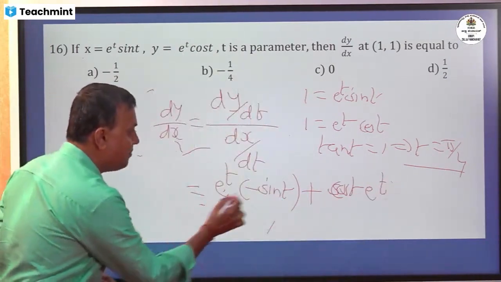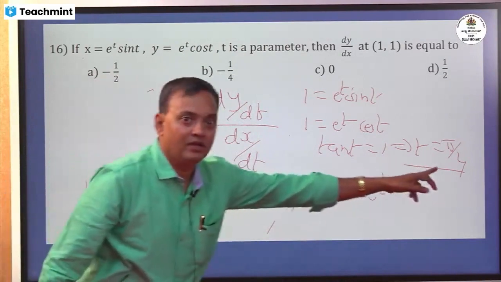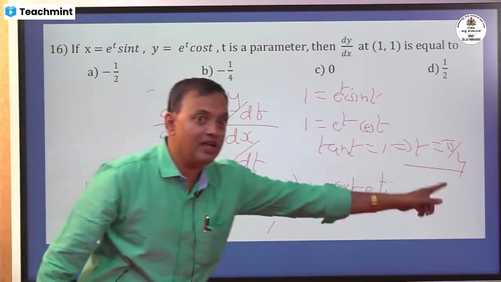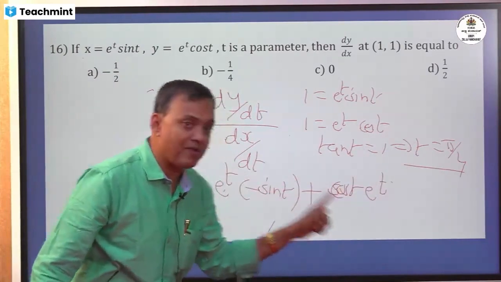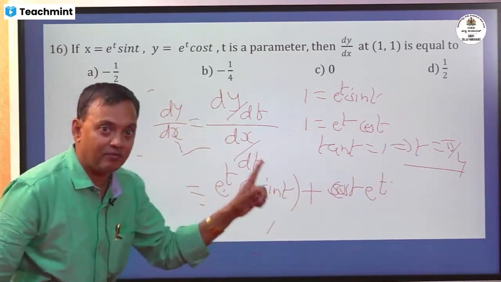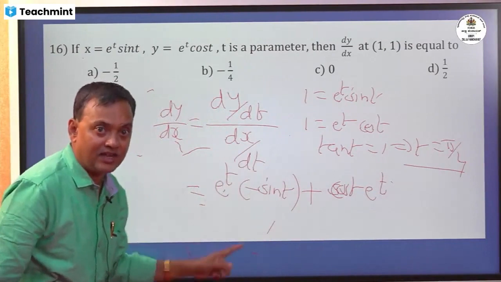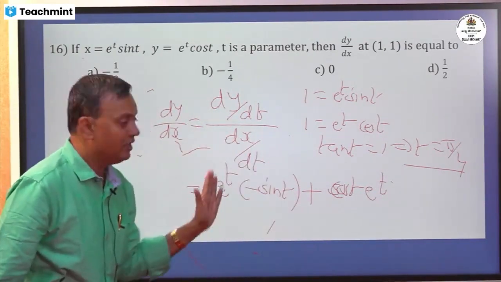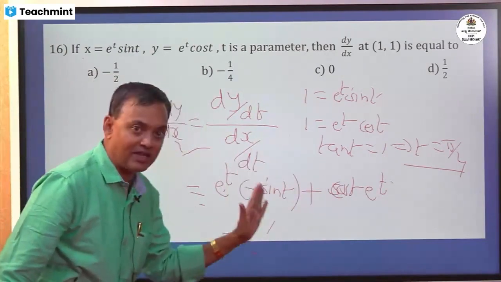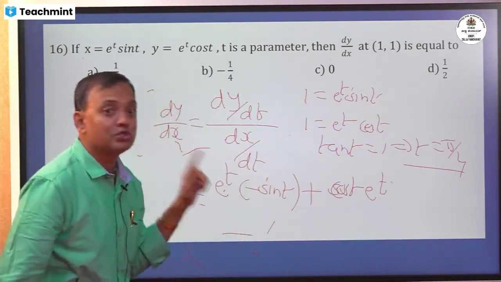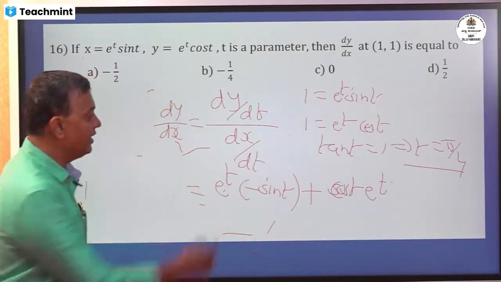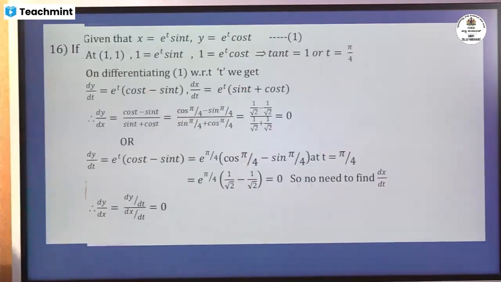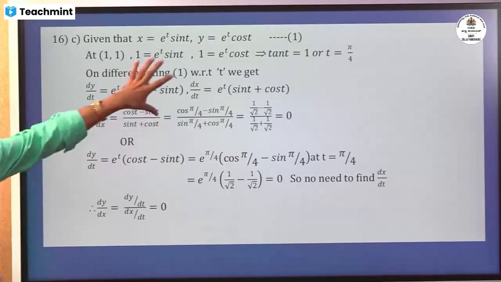So here e power t is common, then remaining is cos t minus sin t at t equal to pi by 4, cos pi by 4 minus sin pi by 4 at 45 degree. Cos and sin have same value, so e power t common, remaining cos pi by 4 minus sin pi by 4 is 0. So here we no need to find dx by dt, because numerator becomes 0, correct? This is one method.